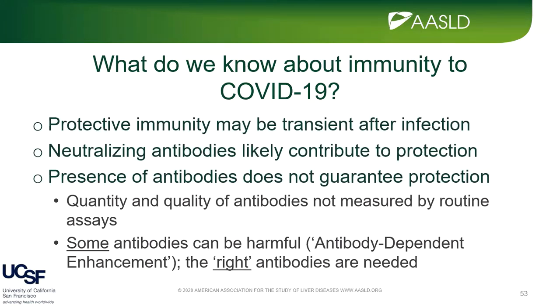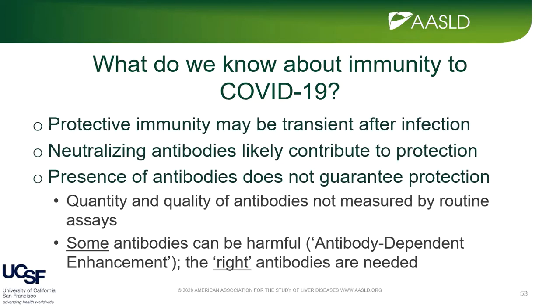The precedents for this phenomenon, so-called antibody-dependent enhancement, come from other viral infections. The classic one is dengue, in which partial immunity, represented by non-neutralizing or sub-neutralizing levels of antibodies, can actually facilitate entry of the virus into macrophages and dendritic cells, which are fantastic cytokine factories, and actually worsen the manifestations of the disease.